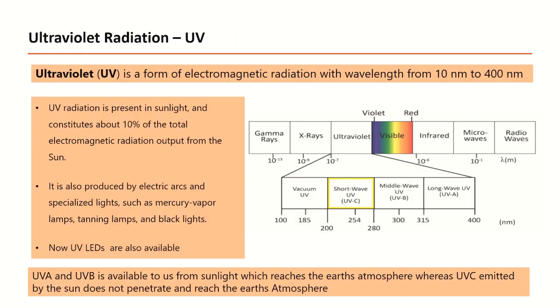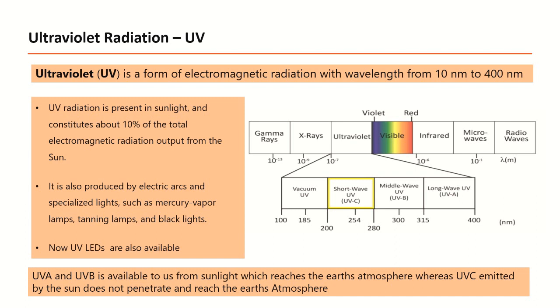Now, coming to what ultraviolet radiation is, it is the electromagnetic wavelength between the X-rays and the visible light. The biggest source of ultraviolet radiation is the sun.